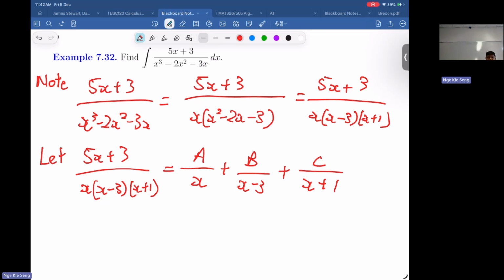Okay, so there are 3 factors you need to consider here. So you're going to set A, B, C.